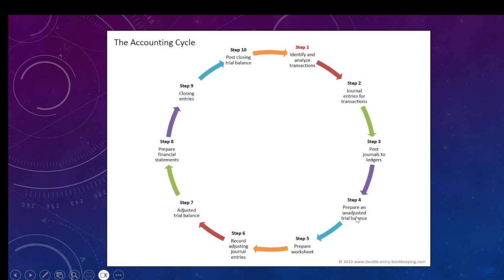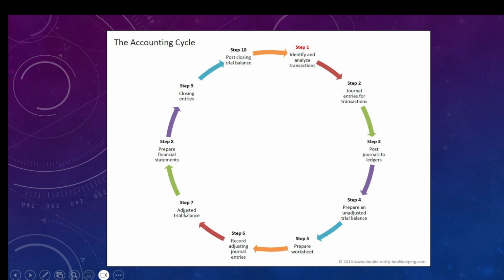So you go to the F&O report, you generate the trial balance, and you make sure that the debit side and credit side match. If it's not matching, we have to prepare a worksheet and record the differences, then prepare some adjusting entries to be posted, and then post the adjusting entries and generate the adjusted trial balance.